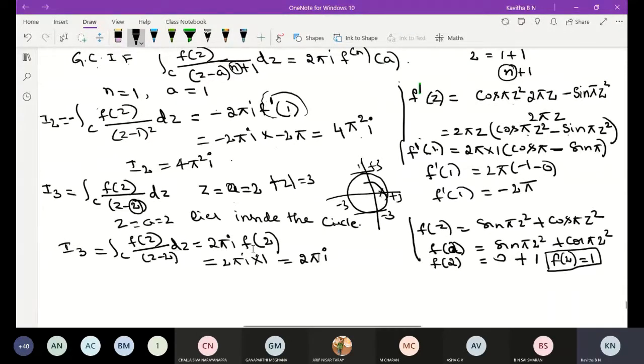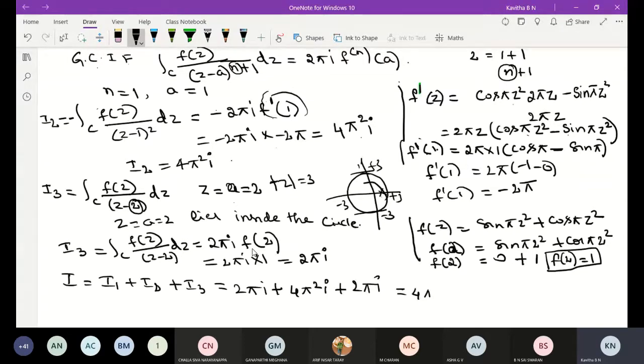Then the last answer: I is equal to I1 plus I2 plus I3. I1 value is 2 pi i, I2 value is 4 pi square i, and I3 is 2 pi i.